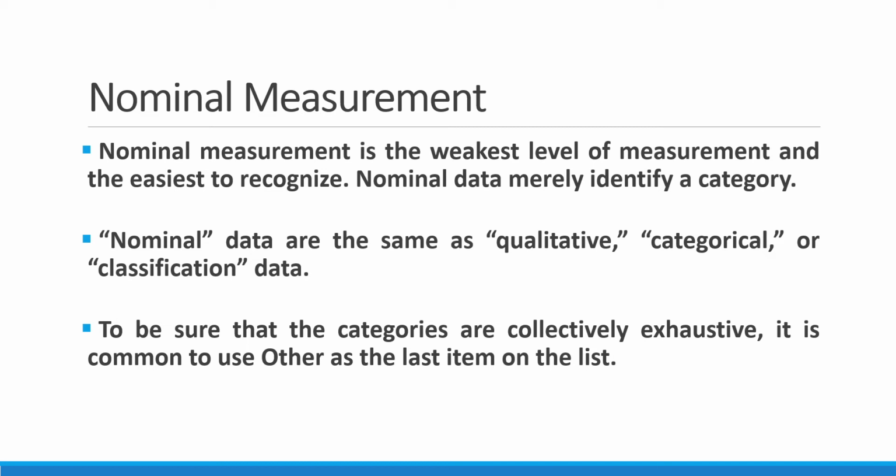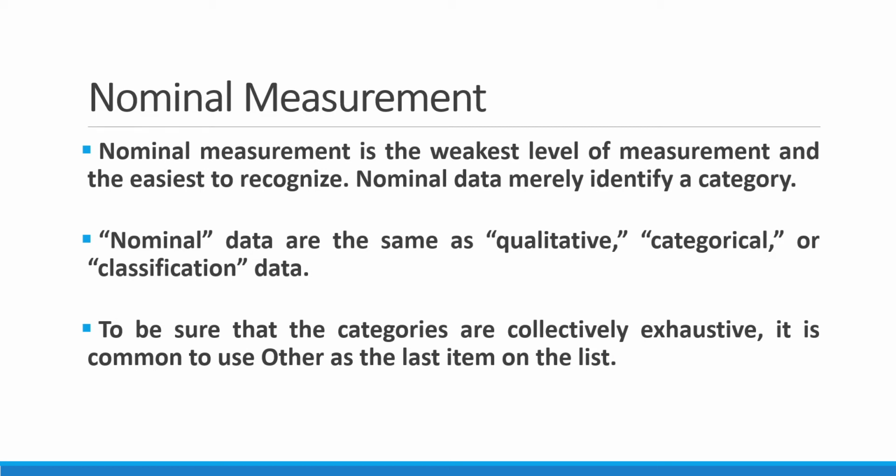So for example, if we have a question like did you file a complaint last month? The answer is yes or no. We have here binary labels. Or what is your gender? The answer is male or female.